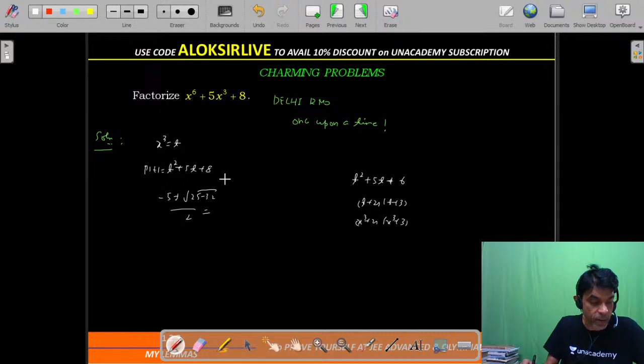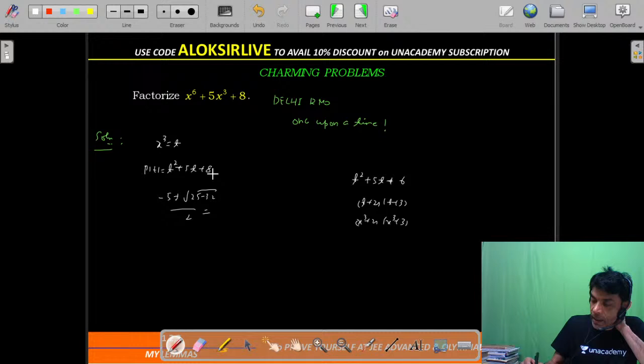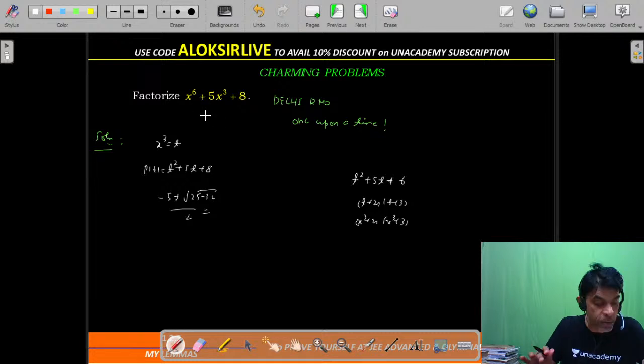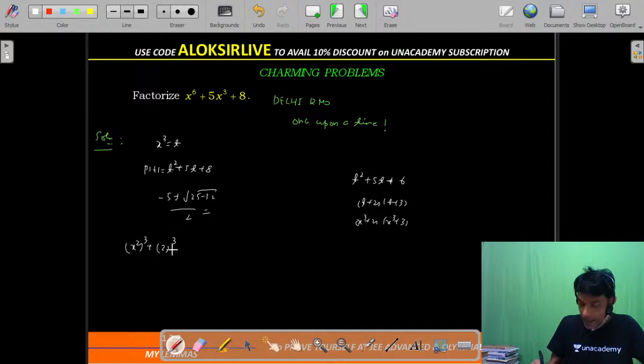So I can do like this. It seems that maybe it was modeled on a cubed plus b cubed plus c cubed minus 3abc. Let's see if we can discover that for ourselves, is it something like a cubed, b cubed, c cubed minus 3abc. So let me check like this, if I write x squared cubed, and plus 2 cubed, and then I can write here a cubed plus b cubed plus c cubed.